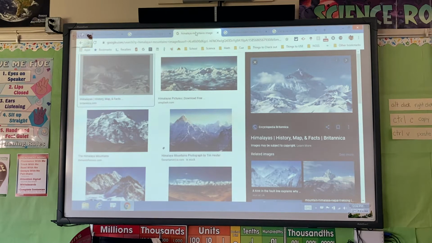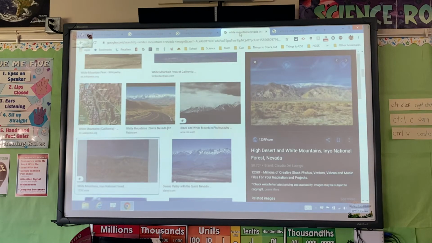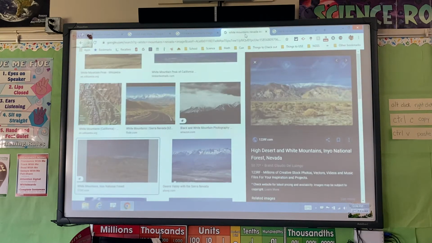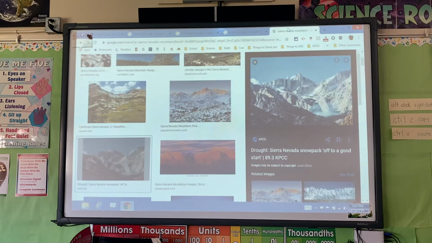If you look at these mountains, they look pretty jagged. And if you think about our White Mountains and our Sierra Nevada mountains, based on their shape, what do you think about how much erosion has happened? Look at the shape of the White Mountains and the shape of the Sierra Nevada mountains.